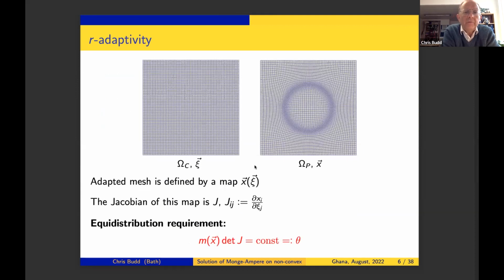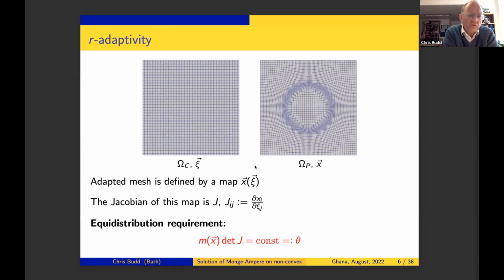So we think of this map then from the computational domain to the physical domain. We'll assume that this map is differentiable and has a Jacobian, which is defined in the normal way. There's our map. And then the cell area in the physical domain is the modulus of the determinant of the Jacobian.